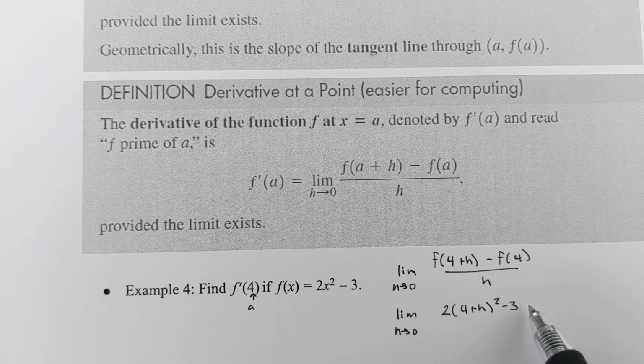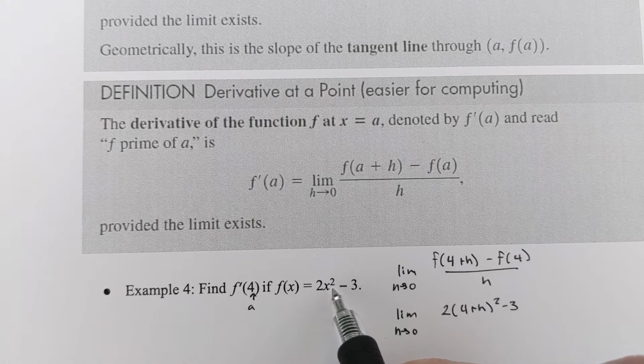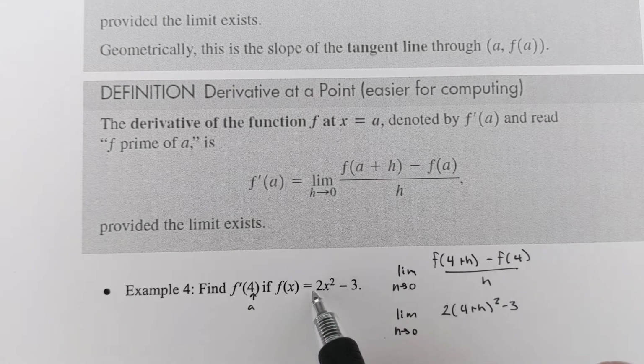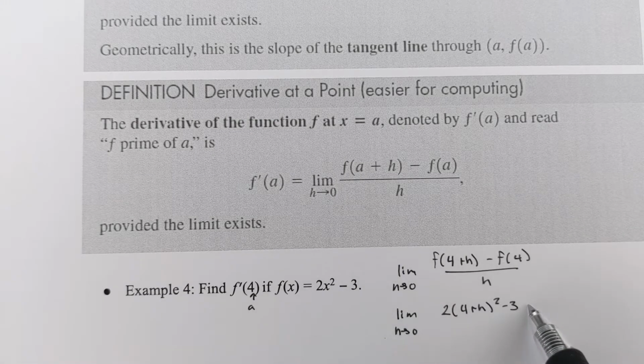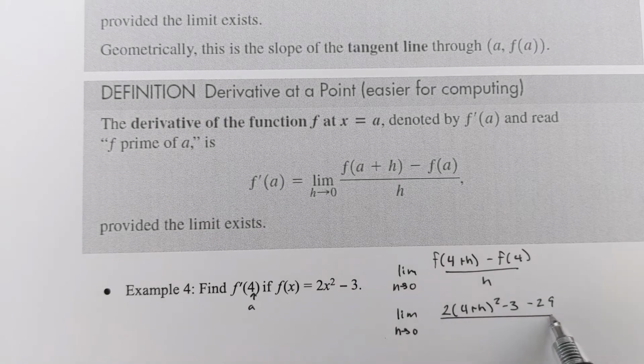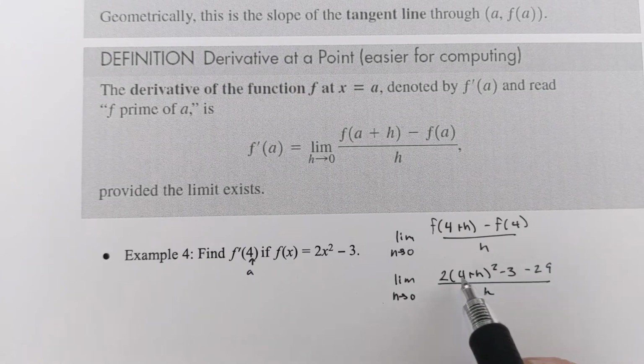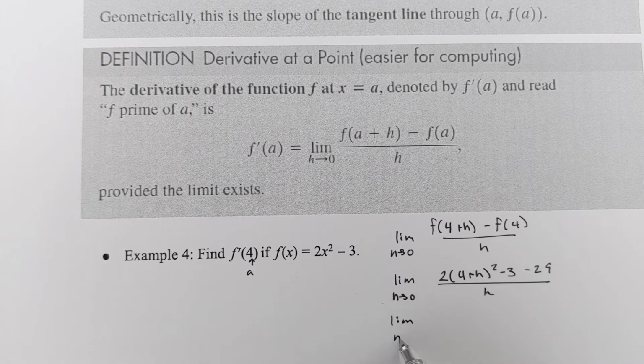Minus f of 4 is what you get when you plug 4 into this equation. So if I plug 4 in, that's 16. 2 times 16 is 32, so minus 3 is 29. All over h, which is still unknown. So I can expand this.